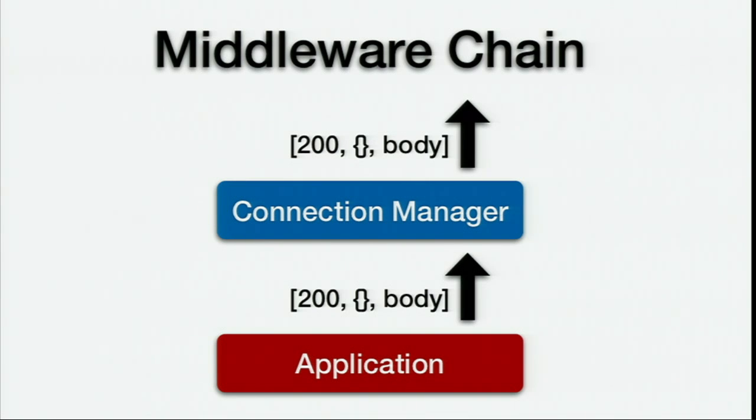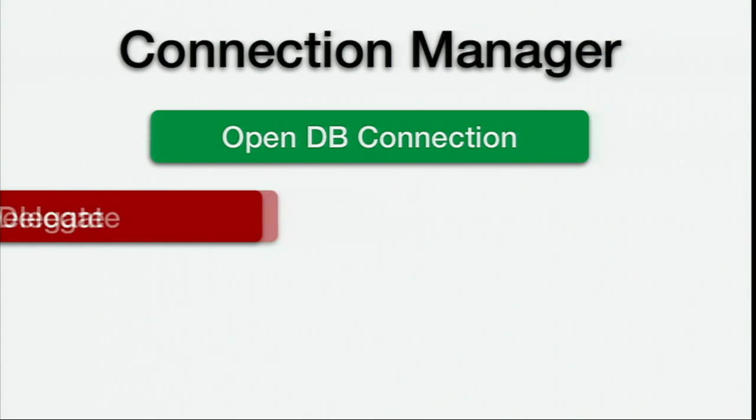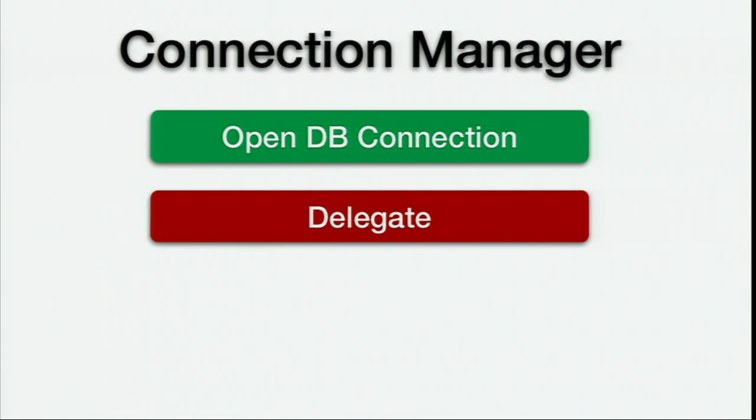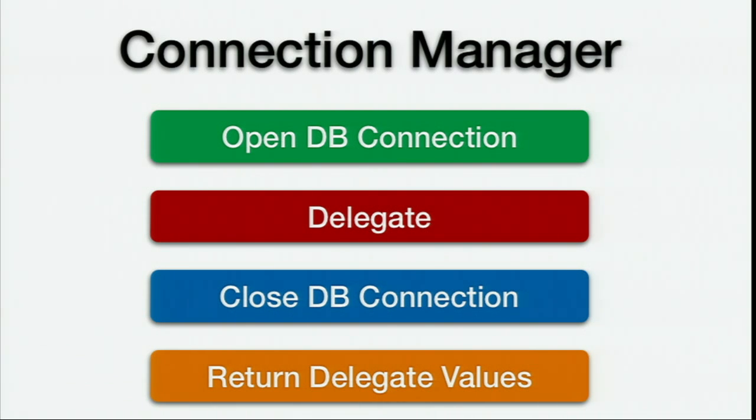So let's think about the way that the connection manager works specifically. It opens a database connection, then it delegates off to the next middleware in the chain, and it saves off the return value from that middleware that it delegated to. Then it closes off the database connection, and then it returns the values that it saved off when delegating.